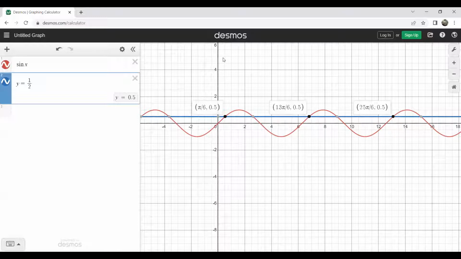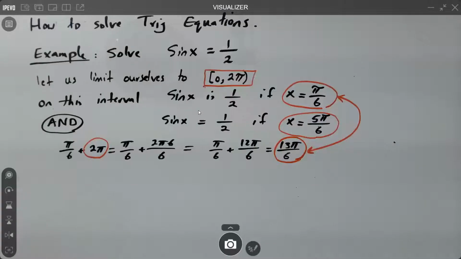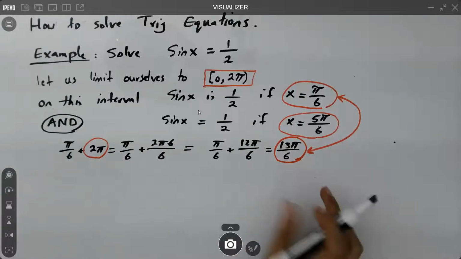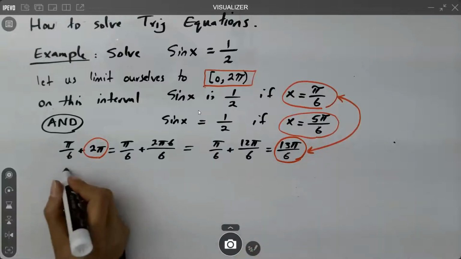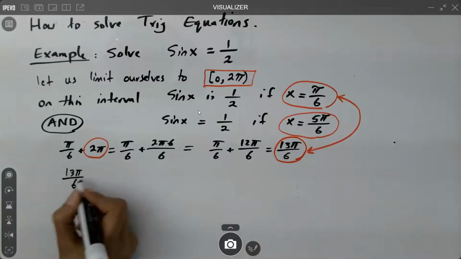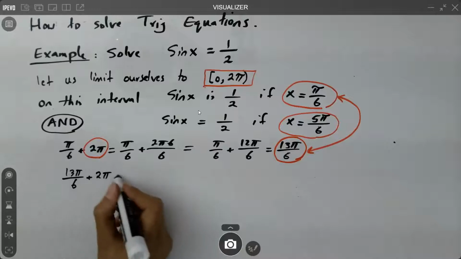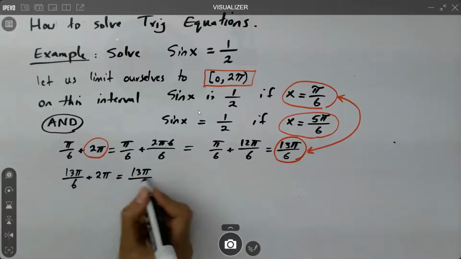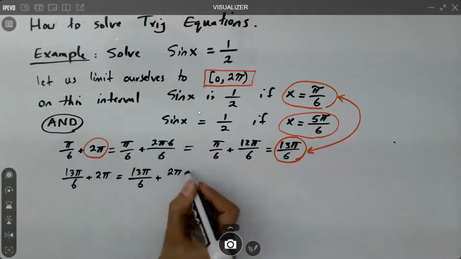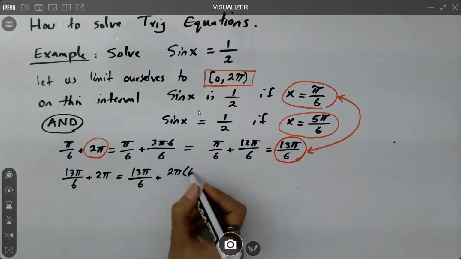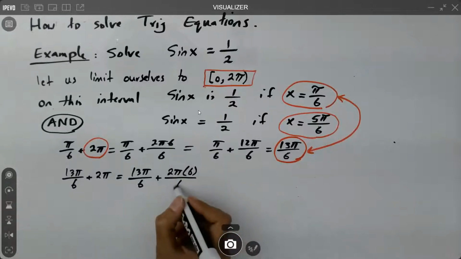Take a look at this. The next point is 25 pi over 6. So if I add 2 pi to 13 pi over 6, I get 13 pi over 6 plus 2 pi times 6 divided by 6.